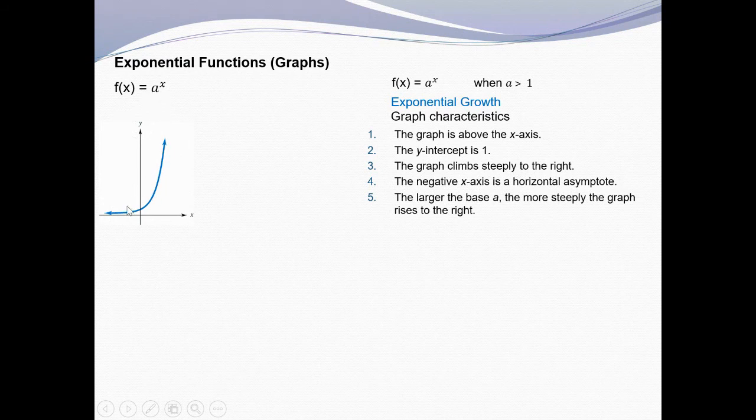If there was a 3, the graph will be going something like this, steeper to the right. If that was 10 to the x power, the graph will probably be something like this, real close to the y-axis. So the bigger the base, the more it goes towards the y-axis, or the steeper it gets. Okay, so these are my graphs. For example, this is y equals 2 to the x. It's in green.